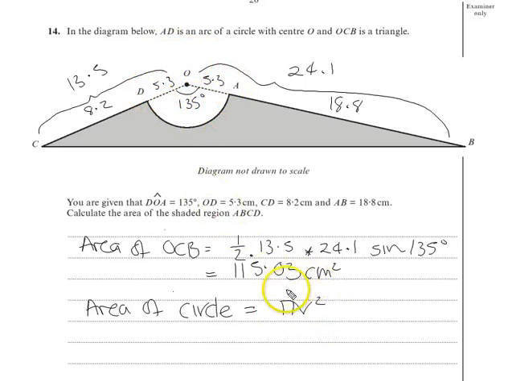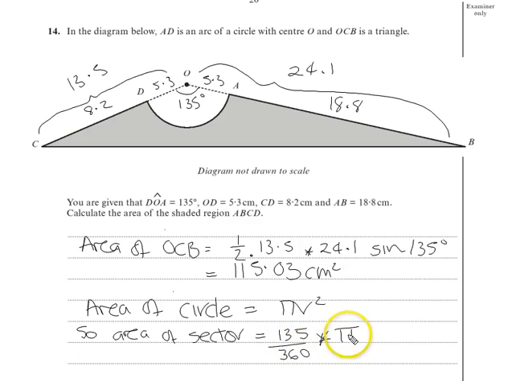So it's that fraction of the whole circle. So area of sector will be 135 parts of 360, that's the proportion, the fraction of the circle, times pi r squared.